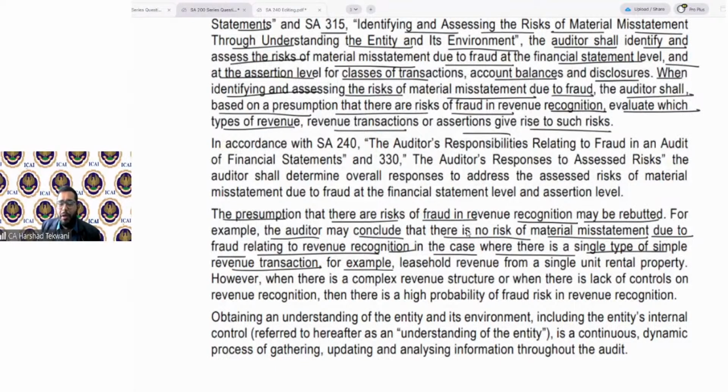For example, leasehold revenue from a single unit rental property. So revenue calculation is pretty simple. You can easily calculate and recalculate, and identify the revenue easily. If there is a complex revenue structure or where there is lack of controls on revenue recognition, then there is a high probability of fraud risk in revenue.